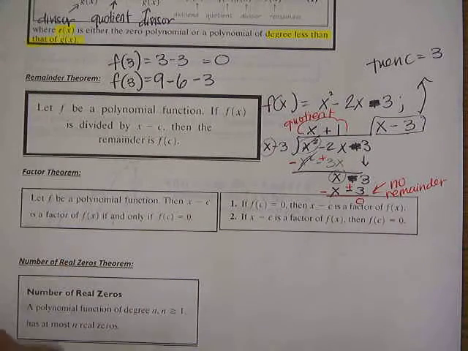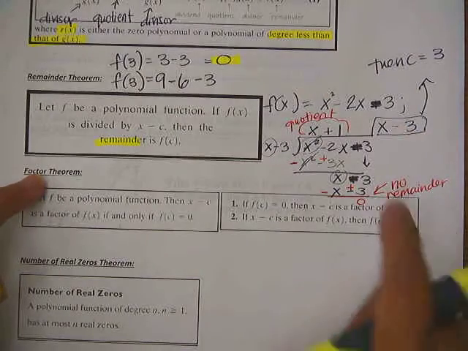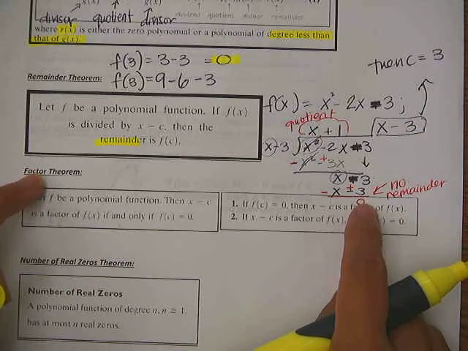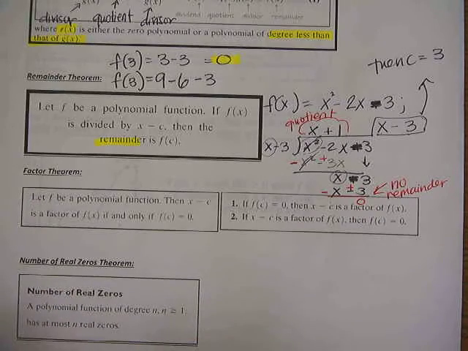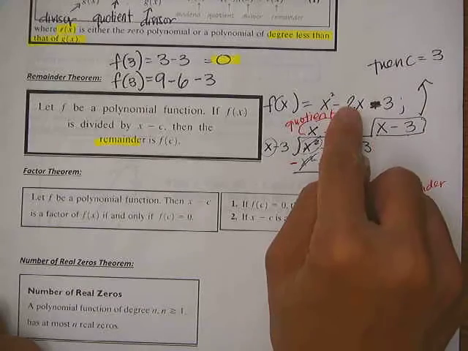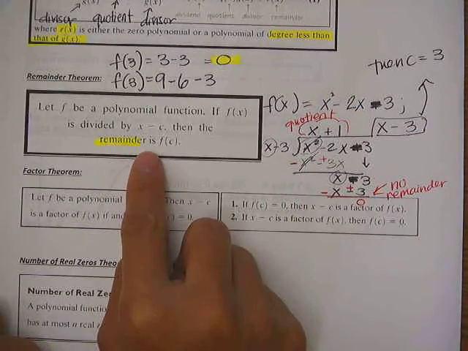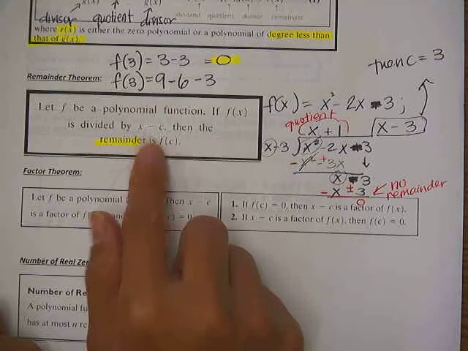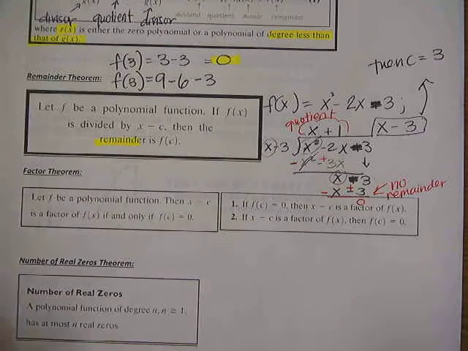So the remainder is 0, which is exactly what we have. So if you just want to find the remainder, it's a lot easier to plug in your c value into the equation than doing long division. Wouldn't you agree? So knowing this theorem is so useful if all you're looking for is the remainder. You got it? Okay. All right, moving on to factor theorem.